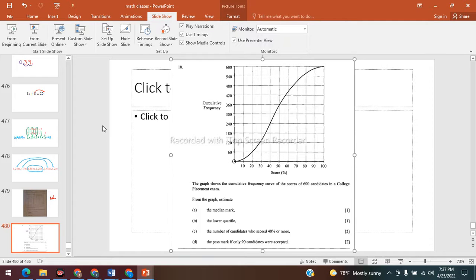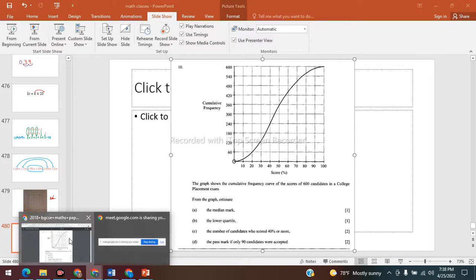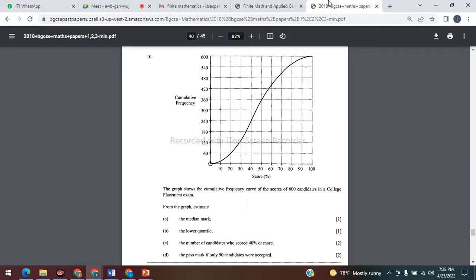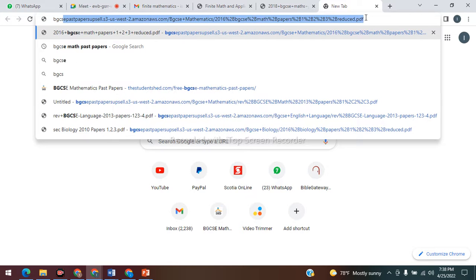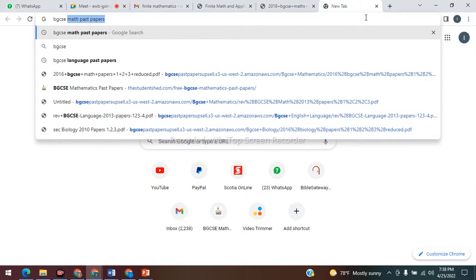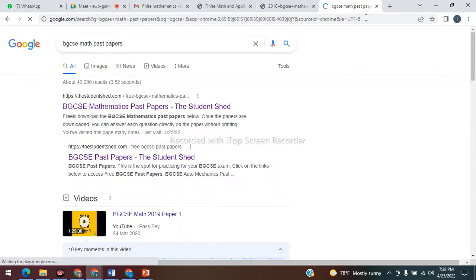Can you give us a syllabus for the math exam, the syllabus for BGCSE? Yes, sir. Glad you asked the question. The syllabus is interesting, because on the syllabus they have some stuff that they never or rarely test.